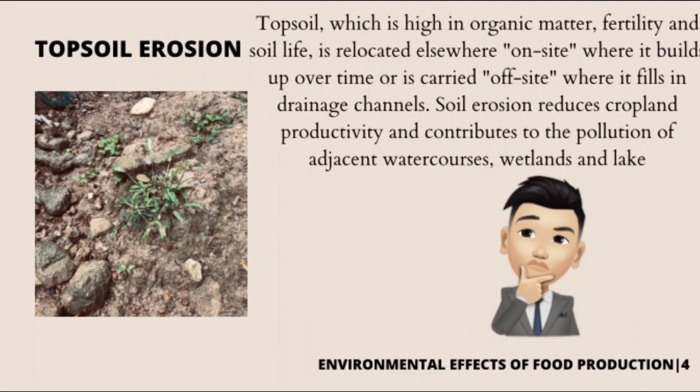Topsoil, which is high in organic matter, fertility, and soil life, is relocated elsewhere on site where it builds up over time or is carried off site where it fills in drainage channels. Soil erosion reduces cropland productivity and contributes to the pollution of adjacent watercourses, wetlands, and lakes.